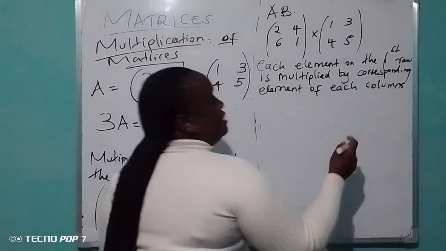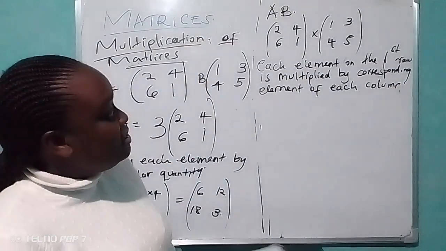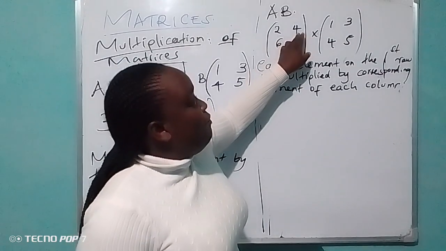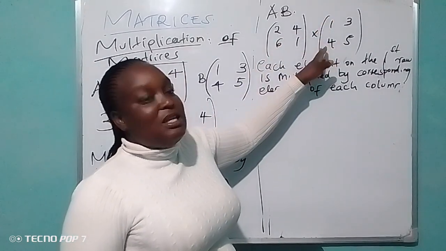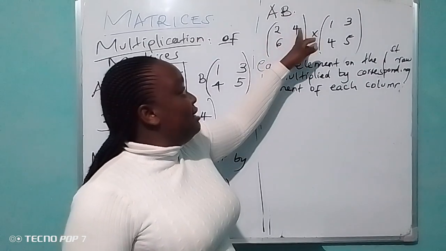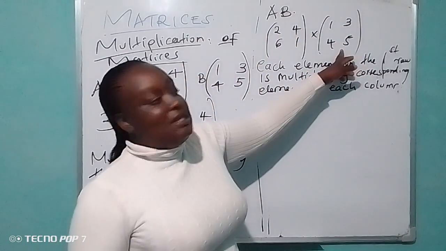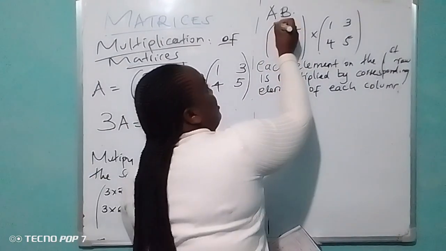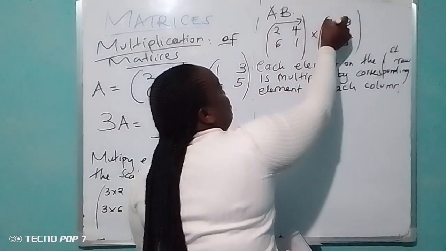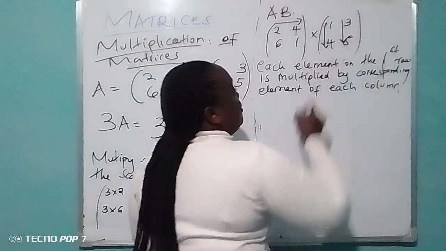What are we saying by this? You take elements of the first row and multiply by the corresponding elements of the first column. Again, you take the first row with elements of the second column. We multiply like this, then like this, then again like this.